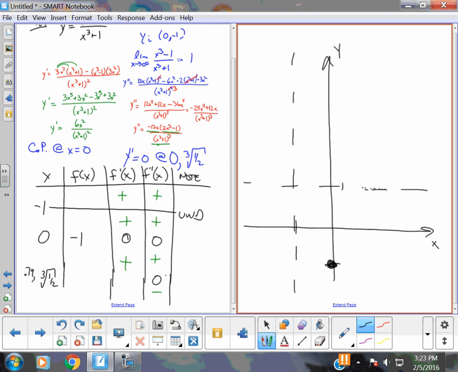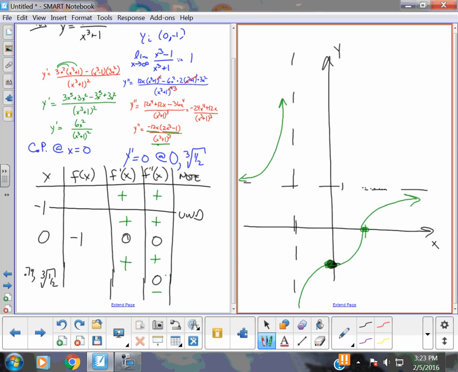And I know now that it's increasing and concave up to the left of -1, so it looks like this. And I know it's increasing through here, concave up, concave down. All right. So again, it works out pretty well for us.